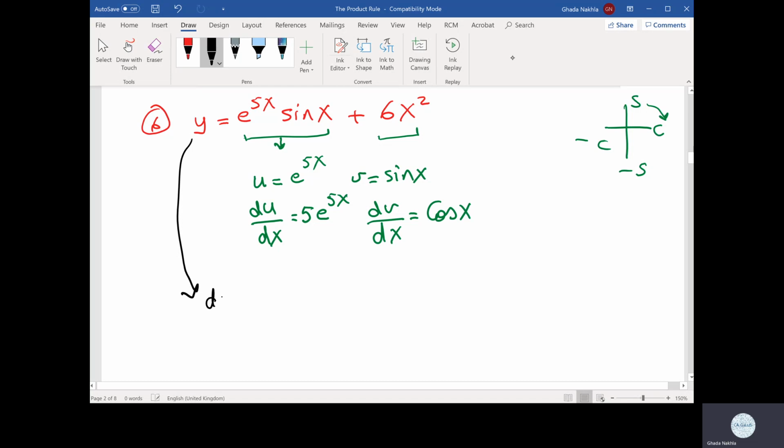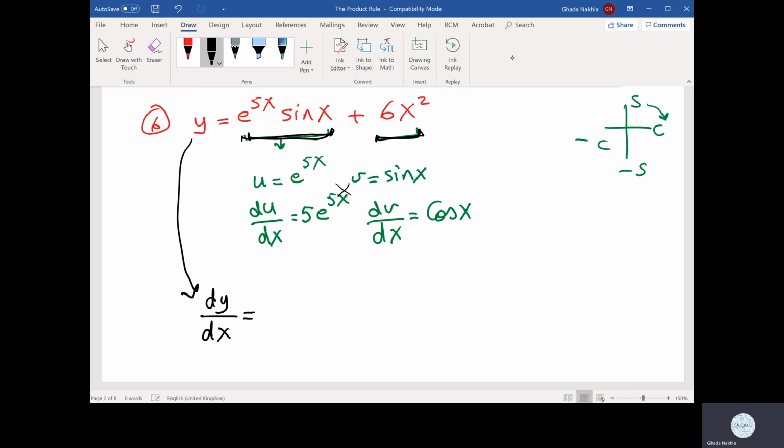So we're finding dy by dx. And I am differentiating this part here of the question and then plus the derivative of this part here of the question. Okay, so let's write the first part. Here's my cross multiply.